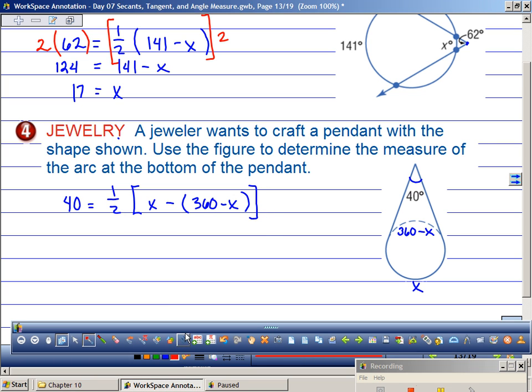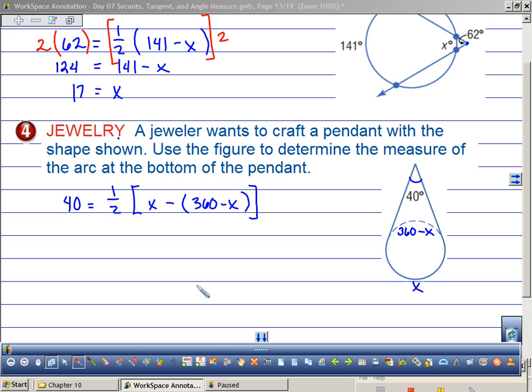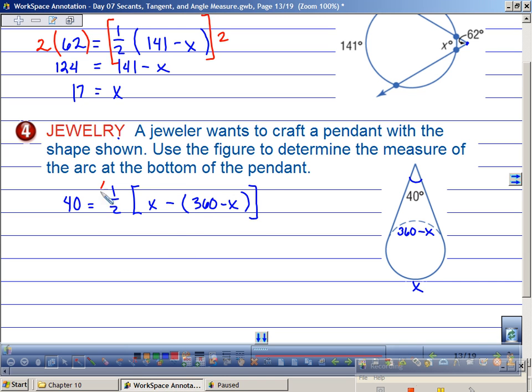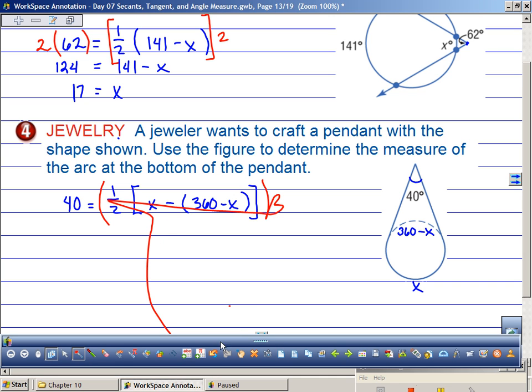Everybody see it? Looks a little bit confusing, but it's really not, right? First I'm going to get rid of, what am I going to get rid of? The 2. Now multiply everything by 2. Whoa. What's going on? That wasn't good.